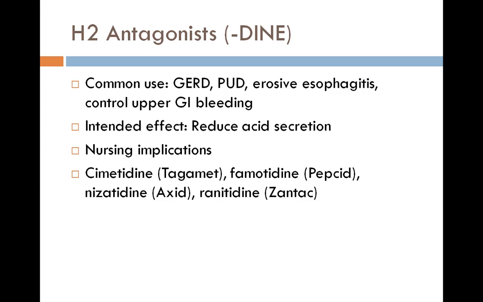The drug effects of H2 antagonists are decreased hydrogen ion production from the parietal cells, which results in an increase in the pH of the stomach and relief of many of the symptoms associated with hyperacidic secreting conditions. And so again, when we give these medications, they're going to increase the pH of the stomach. And H2 antagonists are normally not administered with other medications because they affect absorption.